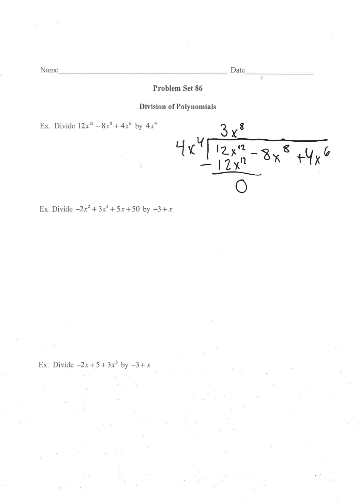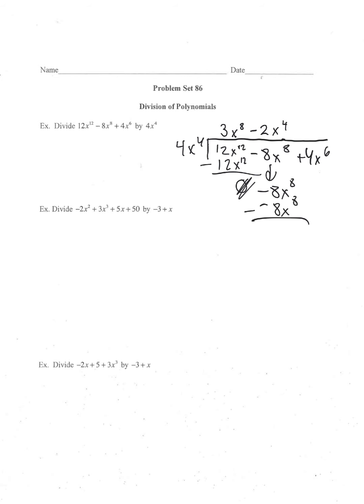Subtract, you've got nothing. Bring down the next term, negative 8x to the 8th. Now you can ignore that 0, and you have a negative 8x to the 8th. Well, 4x to the 4th goes into negative 8x to the 8th negative 2x to the 4th times. Negative 2x to the 4th times 4x to the 4th is negative 8x to the 8th.